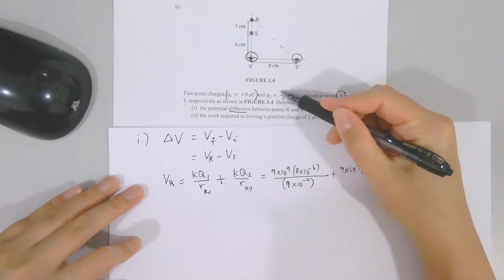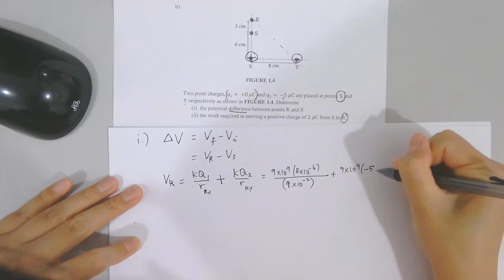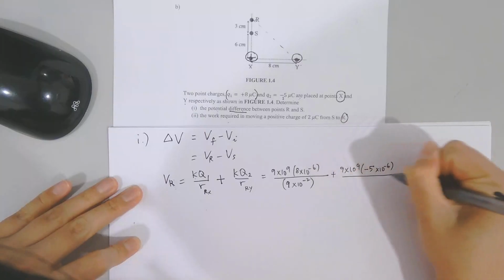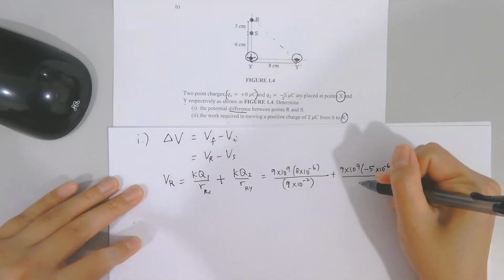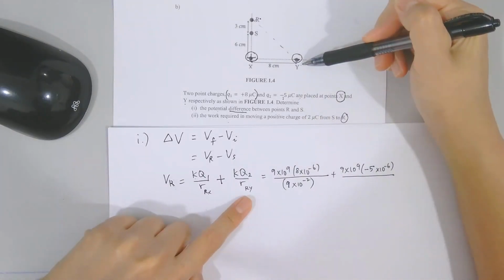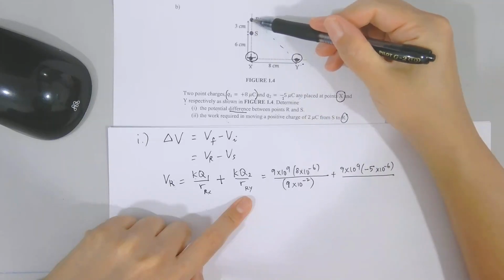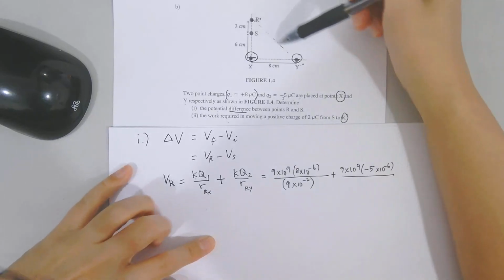The sign of the charge, do we have to substitute in? Yes, it's a must to substitute in the sign here, and the distance R to Y, I found that if this one 9, this one 8, how am I going to know this distance?